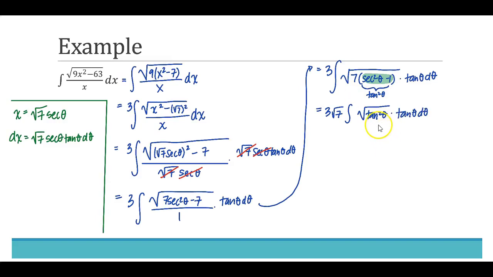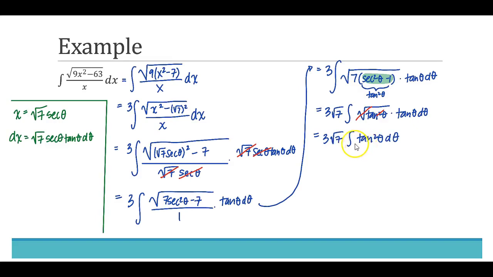And here, one of the things I didn't go ahead and write down, but it does hold true, is that our substitution had a restriction, and because of that restriction, we are able to say that the square root of tangent squared cancels, and it's just going to leave us with one copy of tangent. So tangent times tangent is tangent squared. So that's what we are integrating. Tangent squared theta d theta.